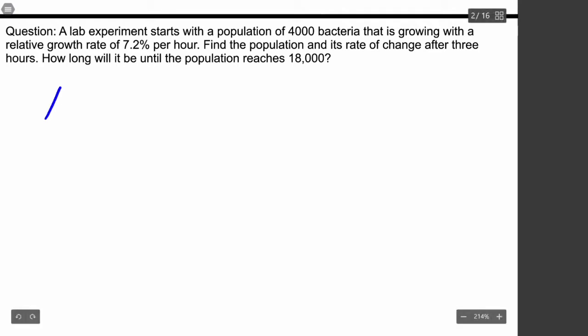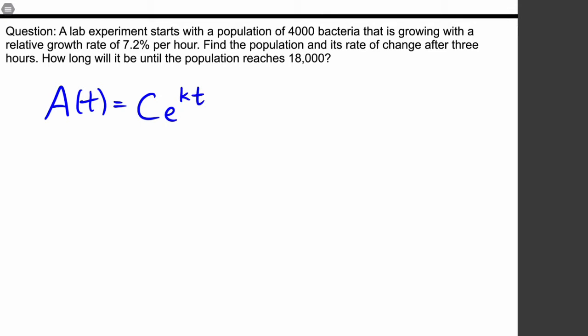So we need to fill in the function A(t) = C e^(kt). How do we find all these things? Well, k is that 7.2%, which we change to a decimal, so 0.072.